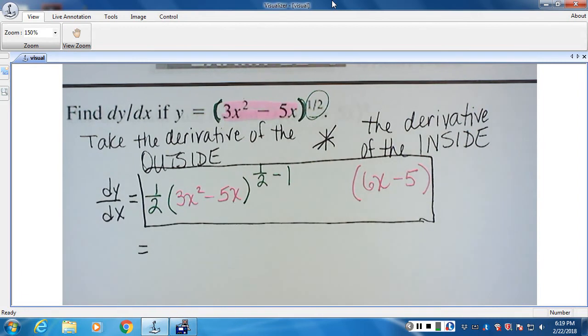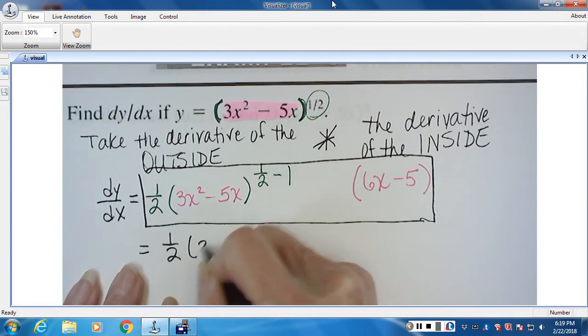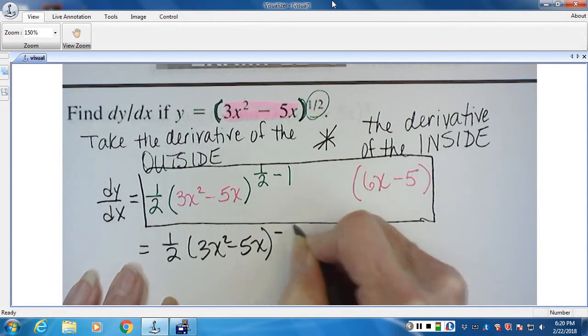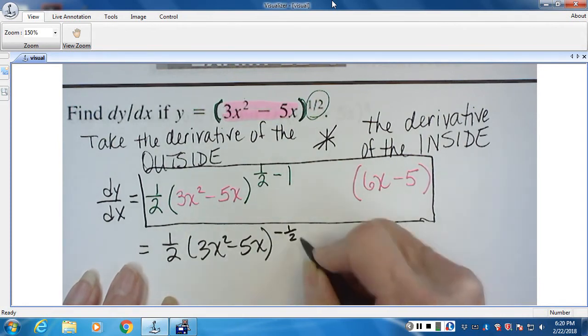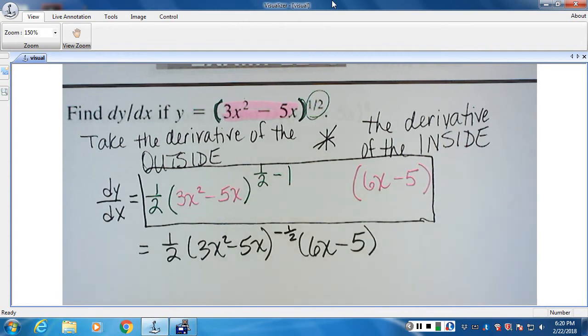So all I would do at this point is I would say 1/2 times 3x squared minus 5x to the negative 1/2 power times 6x minus 5, and I would call it a day, because at that point I've done the calculus. At that point I'm finished.